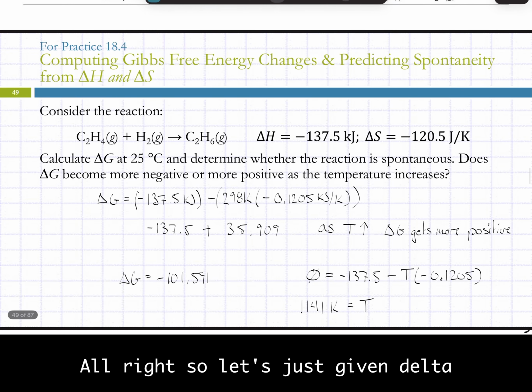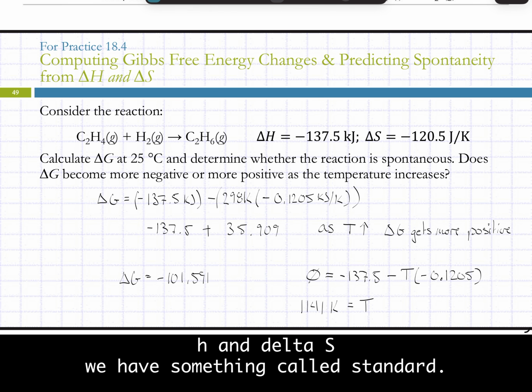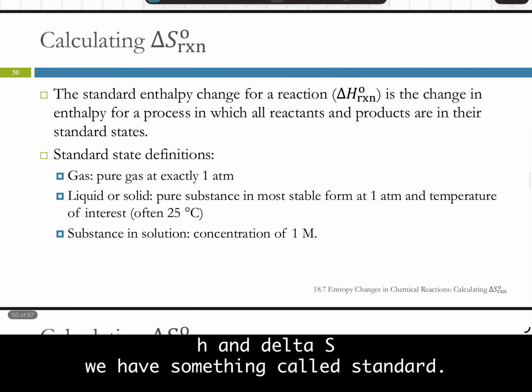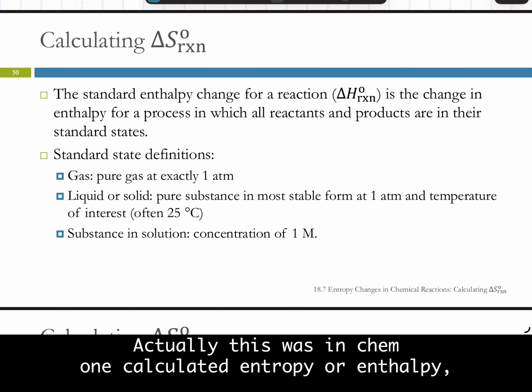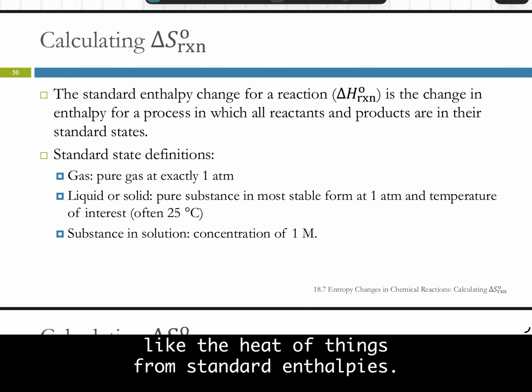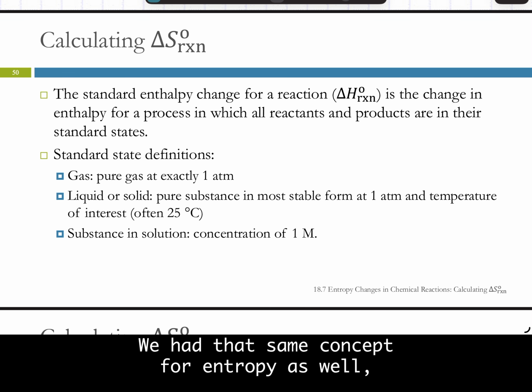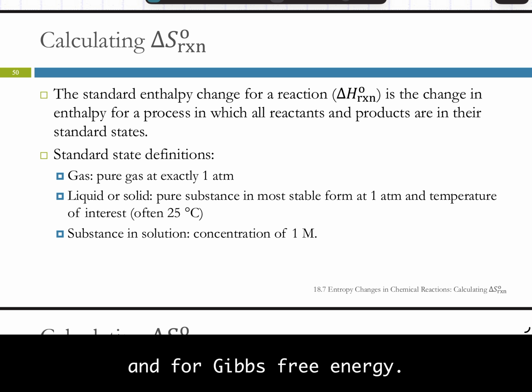All right, so let's just go given delta H and delta S. We have something called standard states. Actually, this was in Chem 1. We calculated enthalpy, like the heat of things, from standard enthalpies. But we had that same concept for entropy as well, and for Gibbs free energy.